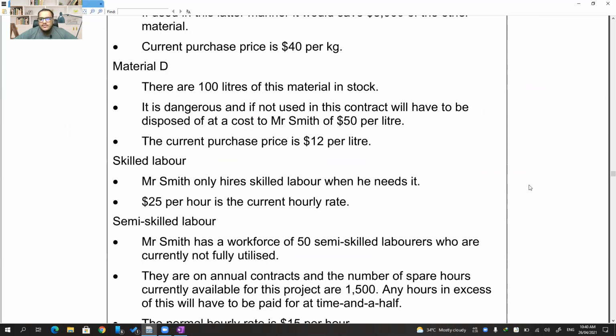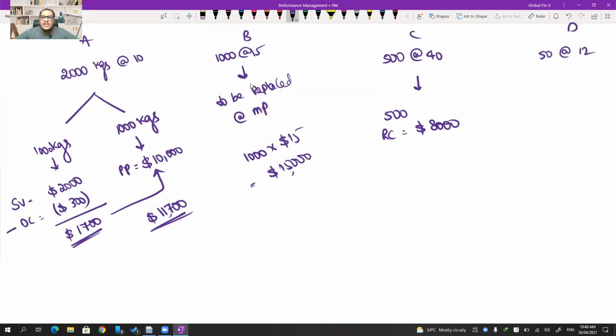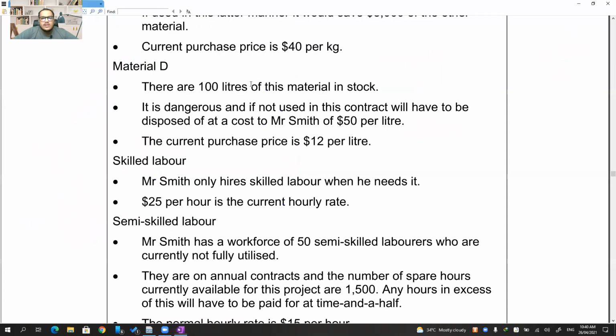Then material D, 100 liters is already in stock. We need only 50 liters. We have 100 liters in stock, so only 50 liters we have to consider. And it is dangerous, and if not used in the contract, it will have to be disposed of at a cost of $50 per liter. Wonderful. See, this is a benefit for you. This is not a lost contribution.